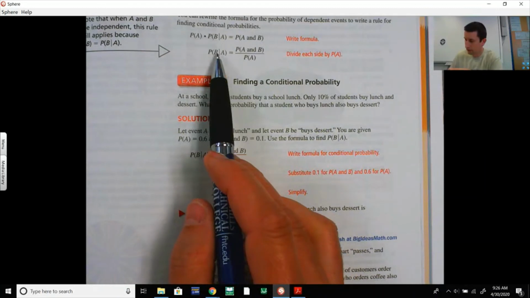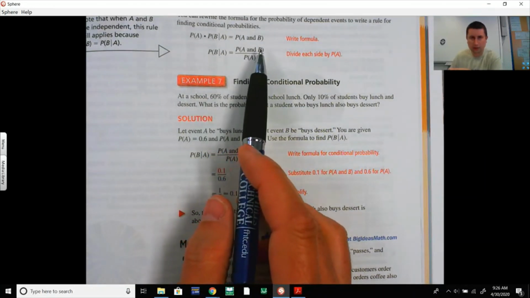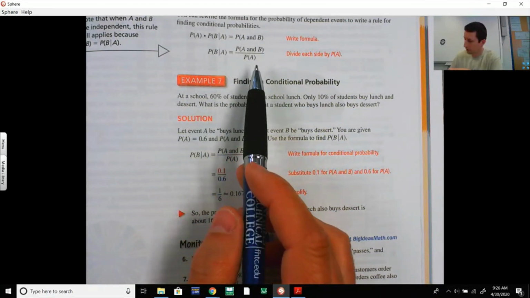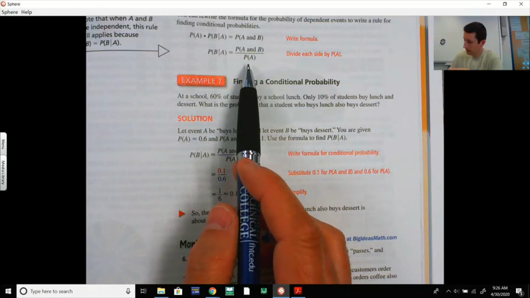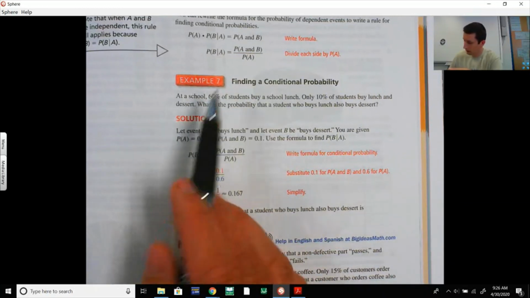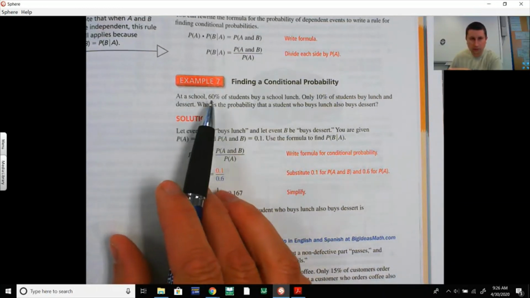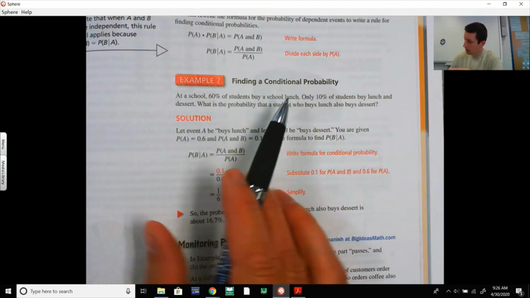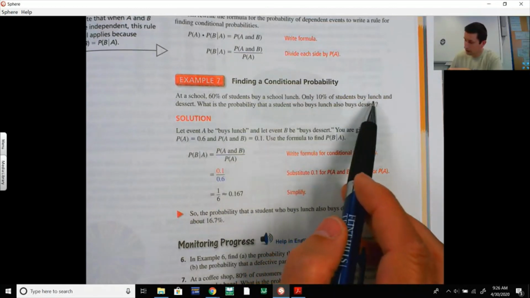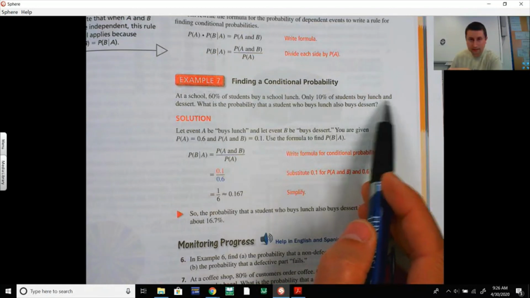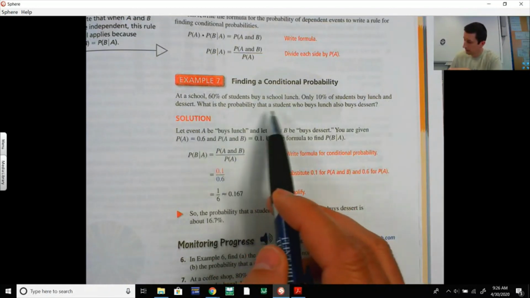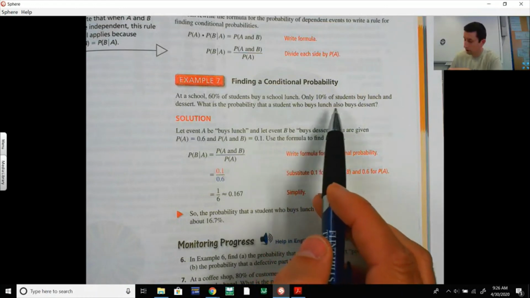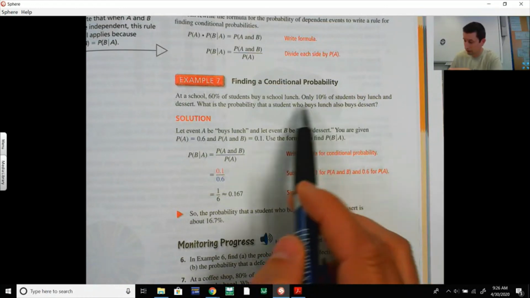That conditional probability can be written as the probability of both events happening divided by the probability of just the A happening. So how this wording goes, at a school, 60% of students buy a school lunch. Only 10% of students buy lunch and dessert. There's the and, okay? So what is the probability that a student who buys lunch also buys the dessert? There's the conditional probability.